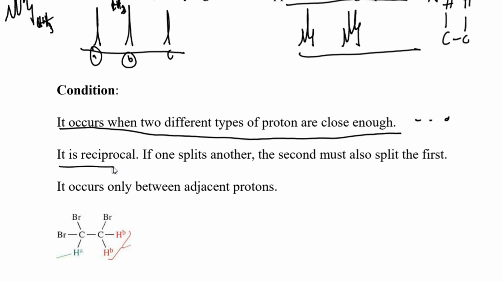It is reciprocal: if one splits another, the second must also split the first. So it occurs only between adjacent protons, between these protons and not even between these, right?